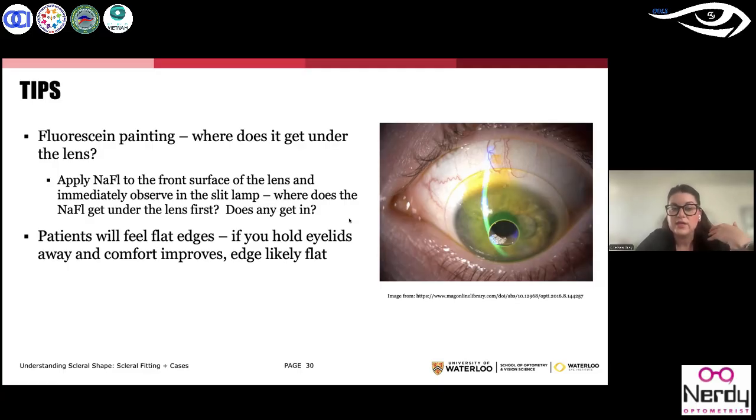If it does, the edge is likely flat, and that's something you need to fix. If the patients are comfortable, it's likely not a flat edge. It could still be tight. Tight edges can be comfortable at first, but simply try to hold their eyelids out of the way. And if they say, oh, that's way better, the edge of the lens is too flat.